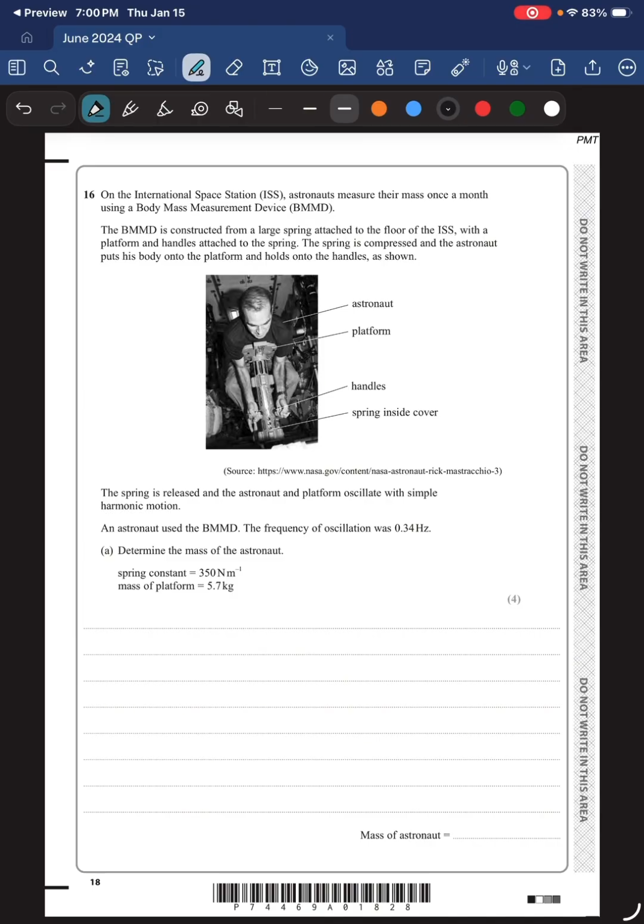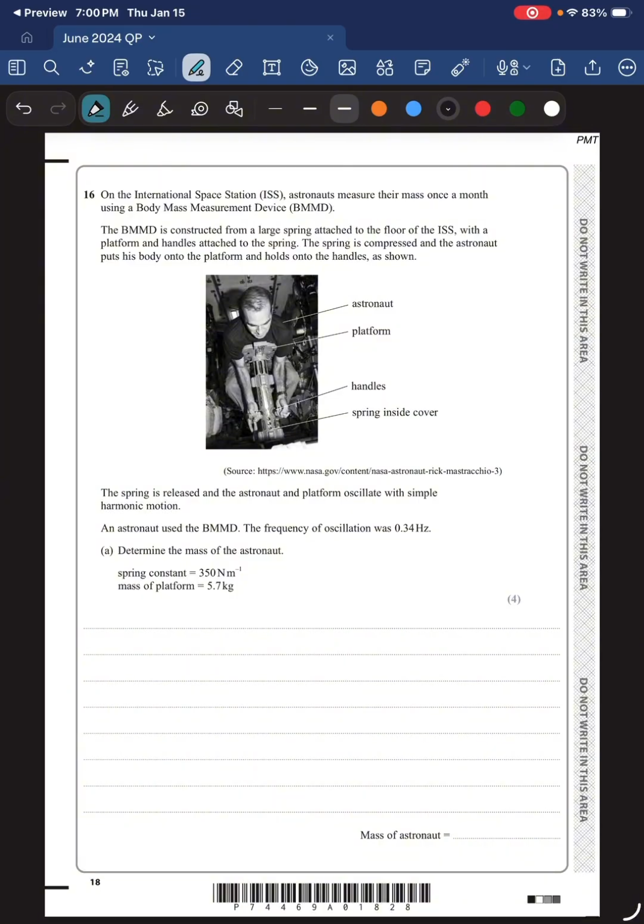The BMMD is constructed from a large spring attached to the floor of the ISS with a platform and handles attached to the spring. The spring is compressed and the astronaut puts his body onto the platform and holds onto the handles as shown.